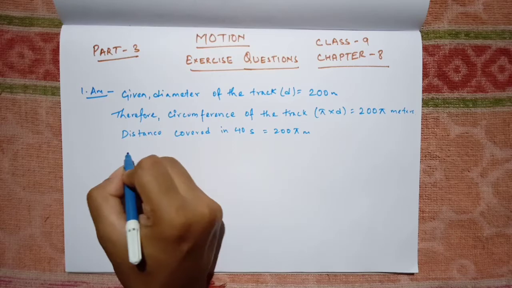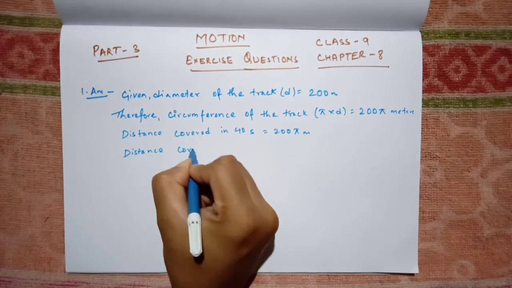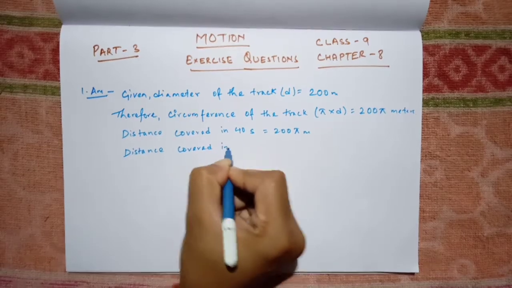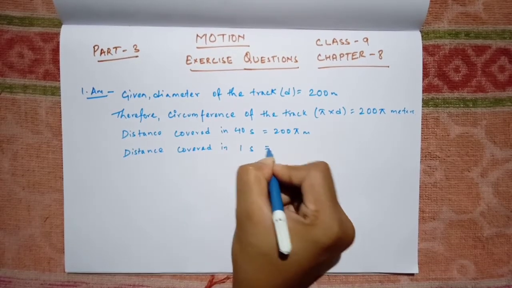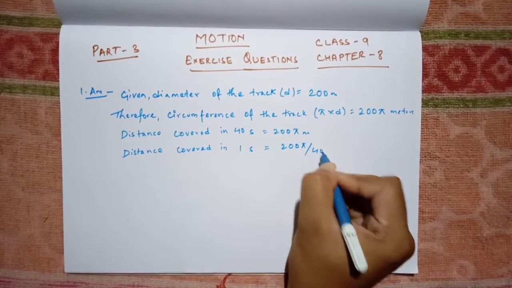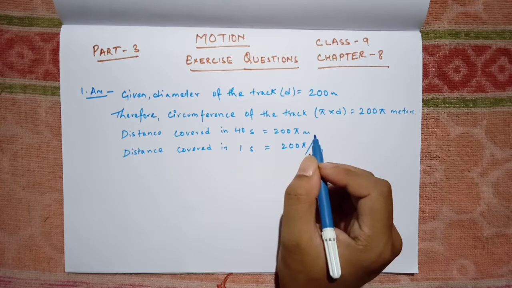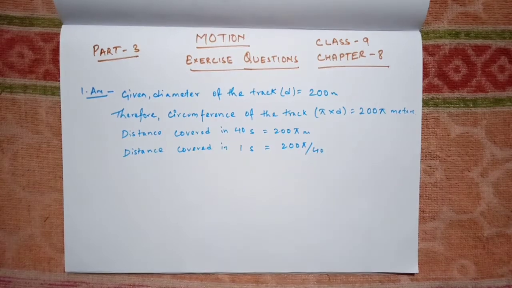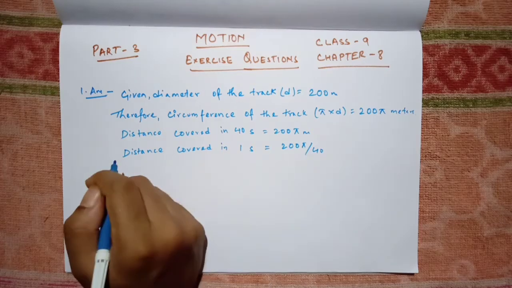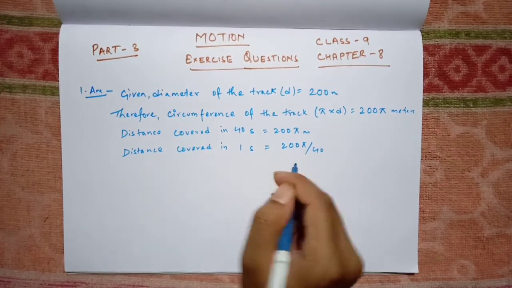And so now the distance covered in 1 second will be 200 pi by 40. As we know, one round is covered in 40 seconds. So now we will find out the answer.